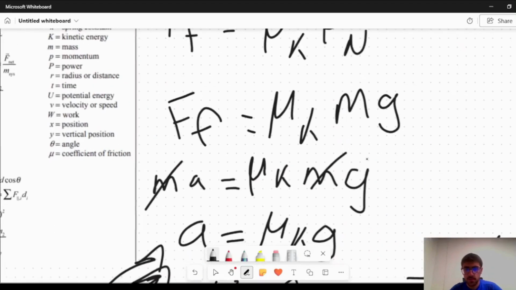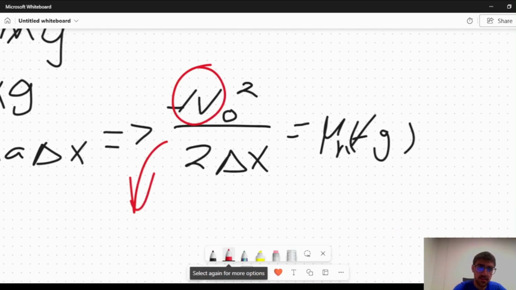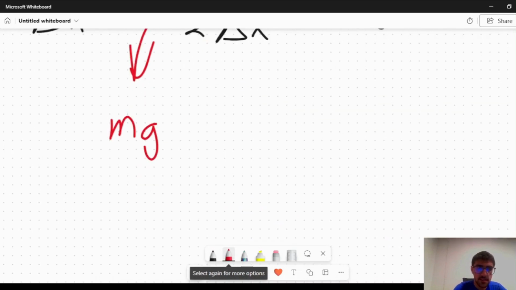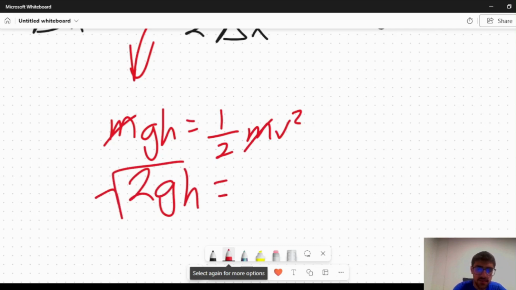We have mgh is equal to 1 over 2 mv squared. Masses cancel. We get v equals the square root of 2gh. I just multiplied both sides by 2 and took the square root.